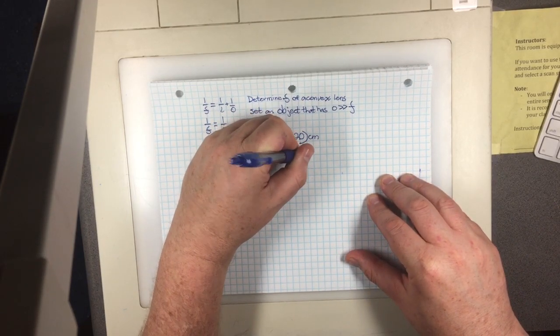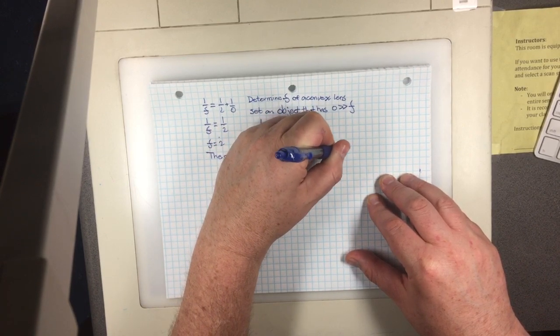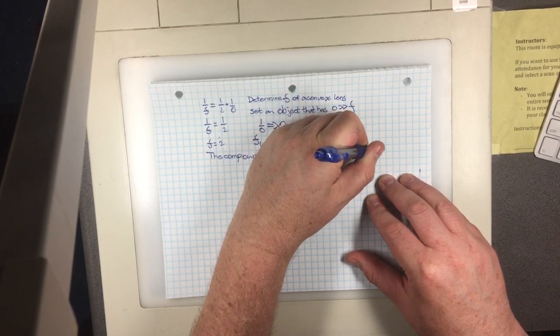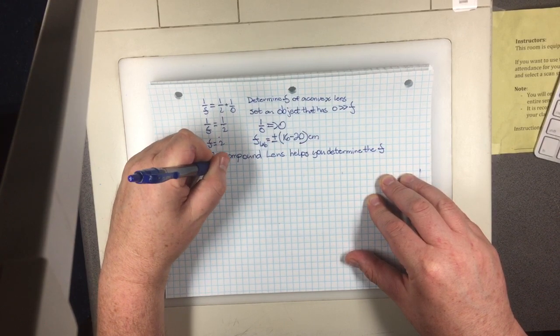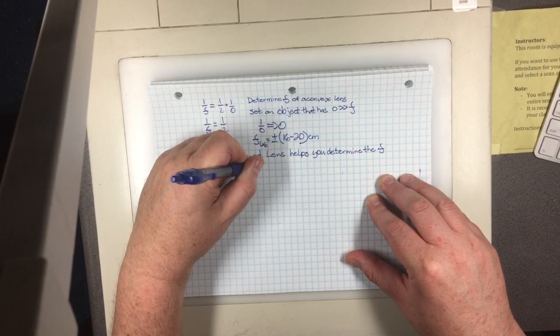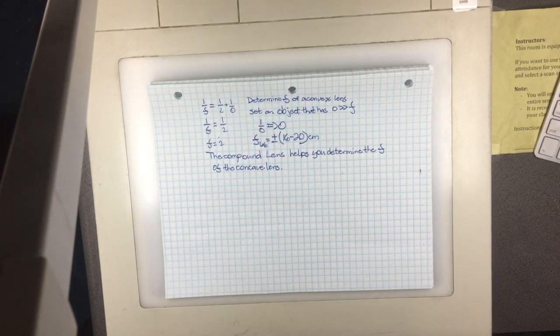It helps you determine the F of the concave lens. You should be effectively ready to do all of the problems in problem set 7, with one exception, the compound lens, and we'll be doing it.